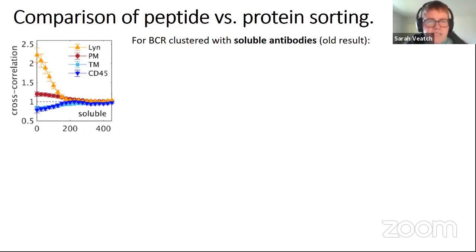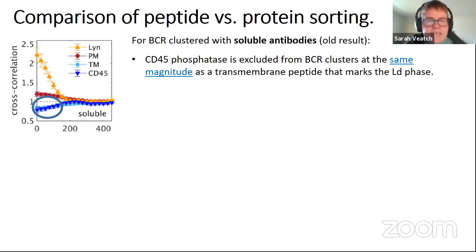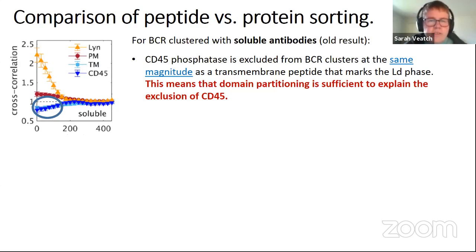When we clustered our B cell receptor with soluble antibodies, in particular, this phosphatase CD45 was excluded from our B cell receptor clusters to the same extent as a minimal transmembrane anchor. And this led us to conclude that domain partitioning alone is sufficient to explain this exclusion of CD45.